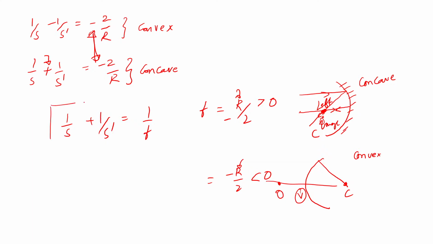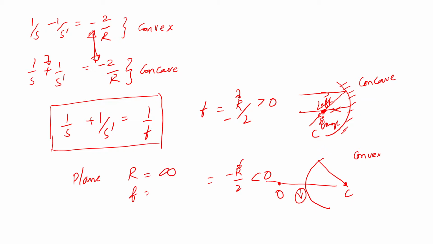And in general, for spherical surfaces, we can write 1 over s plus 1 over s prime is equal to 1 over f. Now we can see, if I have a plane mirror, the radius of curvature is infinity, so 1 over f is 0, right? So 1 over s is equal to minus 1 over s prime.